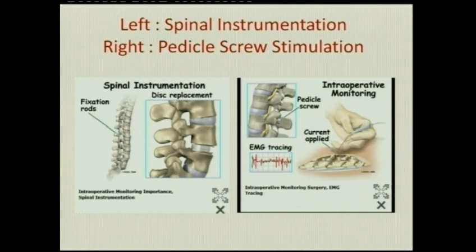The nerve root function and its injury are monitored by getting feedback from the EMG burst from the corresponding segments. So we stimulate the pedicle screw and get the feedback from the muscles.